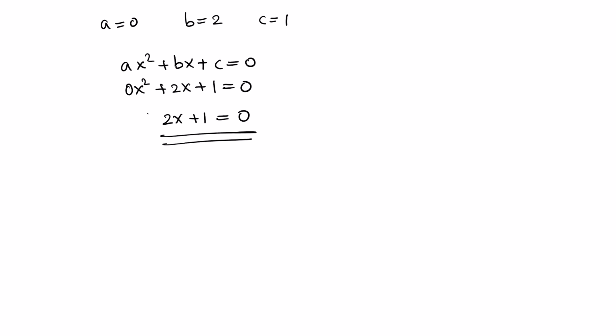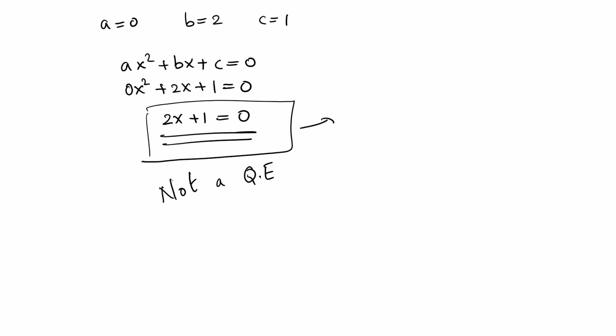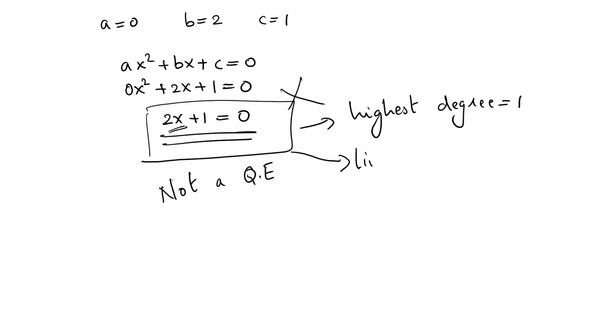Is this a quadratic equation? No, it is not a quadratic equation. Why? Because its highest degree is 1. So this is not a quadratic equation. It is a linear equation. That is why a can never be equal to 0.